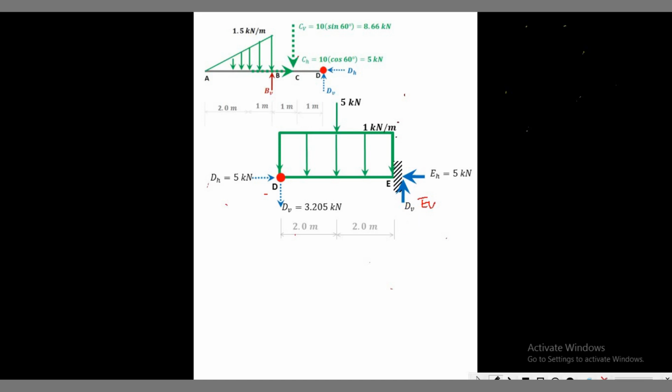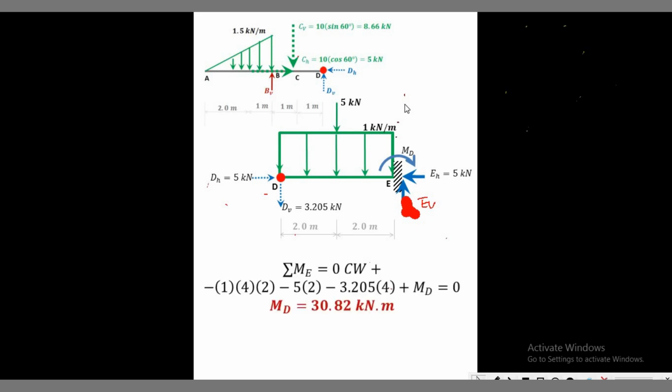Para hindi tayo malito. EV, dapat yun. Then, there is a moment. Can I change again that one? That should be moment at A. So, those are the external reactions at point E. Nilagay ko na si EH kasi ang horizontal reaction lang naman is the 5 kilonewtons. So, EH is equal to 5.